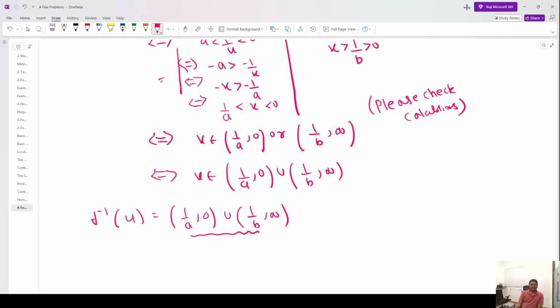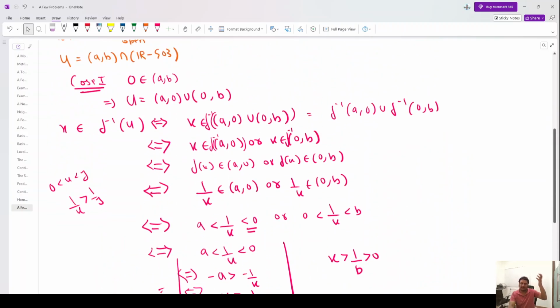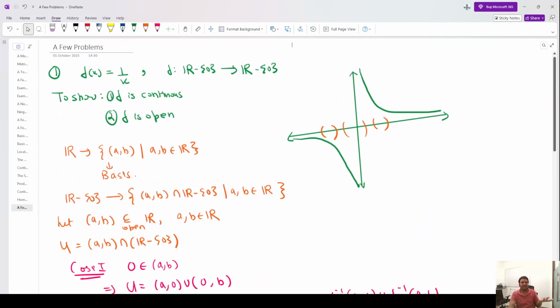And these are open sets, right? The union of any number of open sets is open. So this implies f inverse of U is open in R minus 0. Very nice, right? We haven't used epsilon delta. We just proceeded with the definition that we have learned in topological space.